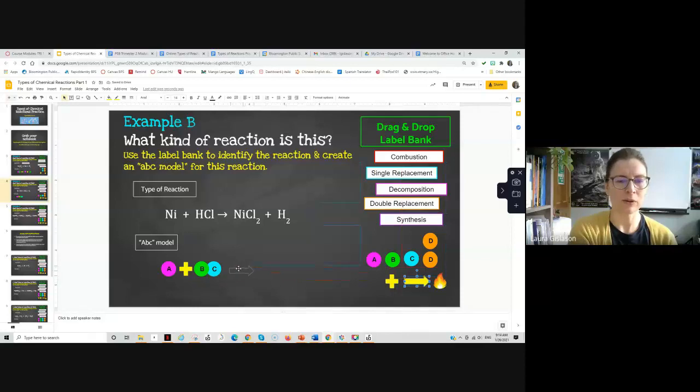Yield arrow to show a chemical reaction is happening. And now I'm going to show how these recombine to form new substances. So I've got my A for nickel. Remember, I used C for chlorine on this side, so I'm still going to use C over here, but I'm going to bond it to the nickel this time.